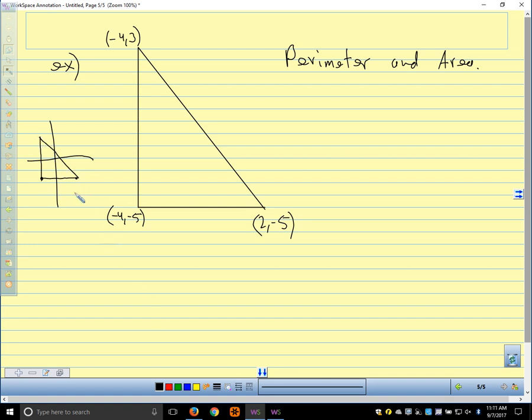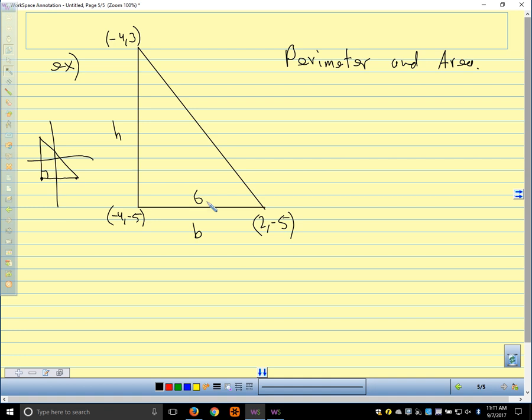So my triangle on my coordinate graph would look like this. So this is a 90-degree angle. So we can treat this like the base and this like the height. Well, how far is it from -4, -5 to 2, -5? 6 units. We're going from -4 to 2.